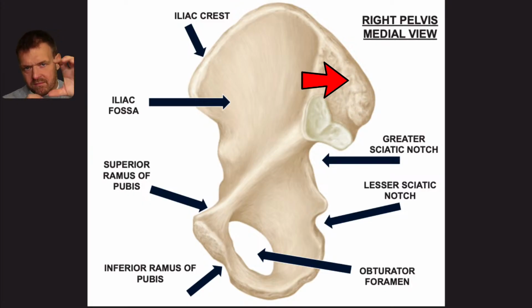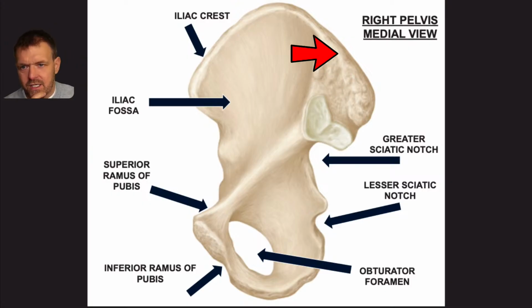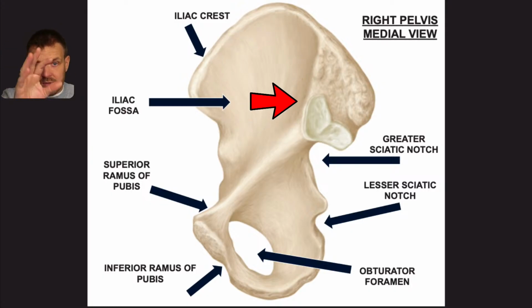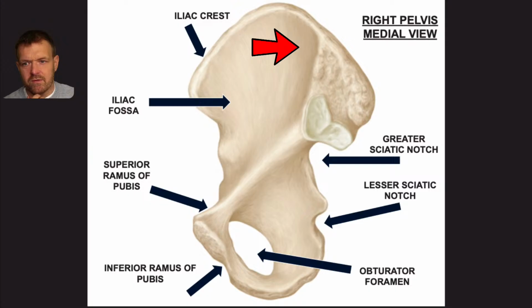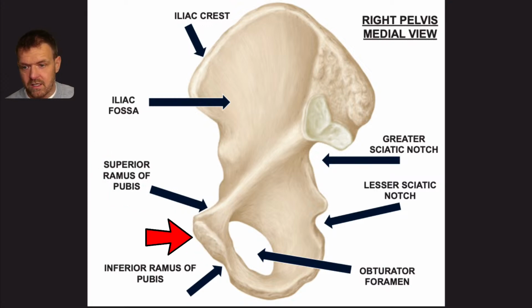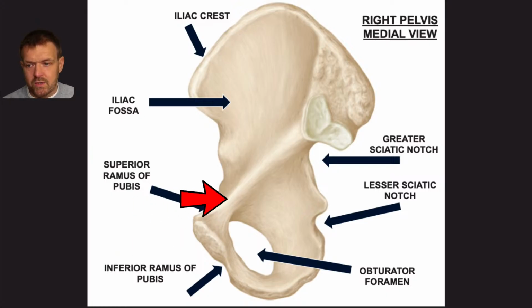Right, pelvis inside. There's your iliac crest from the inside. Then we've got this shallow dip on the inside of the pelvis. This is called the iliac fossa. Remember, a fossa is a dip. There's another ramus, so we've got a branch of the pubis, and there are two: a superior branch and an inferior branch of that pubic bone.